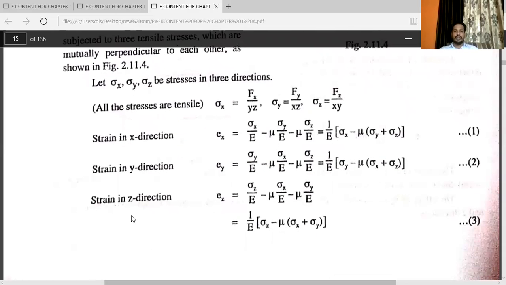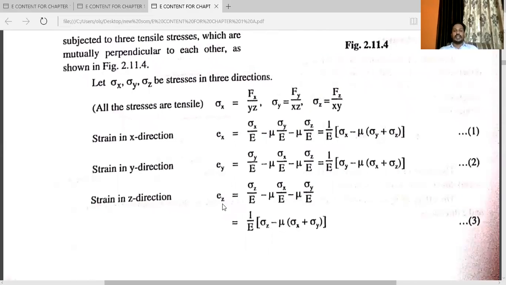Whenever you consider strain in z direction, Ez is equal to sigma z upon E minus mu into sigma x upon E minus mu into sigma y upon E, which is equal to 1 upon E in bracket sigma z minus mu into (sigma x plus sigma y), whole bracket complete. That is equation number 3.